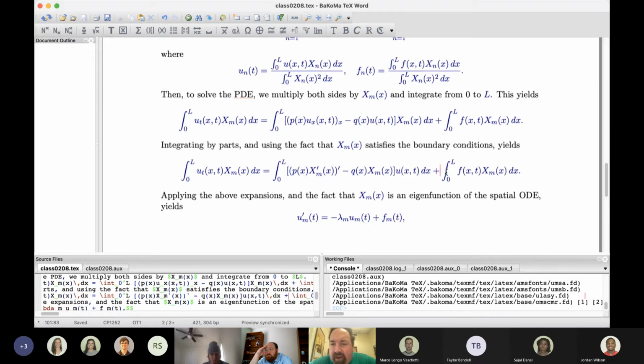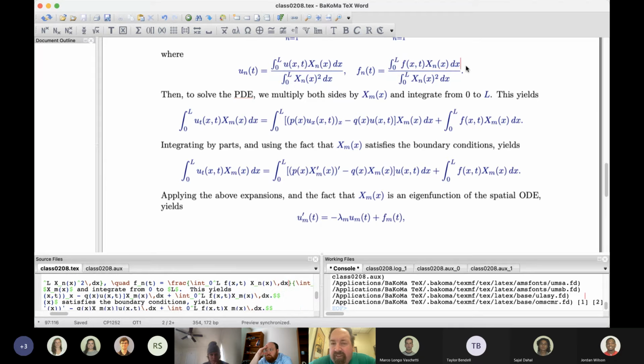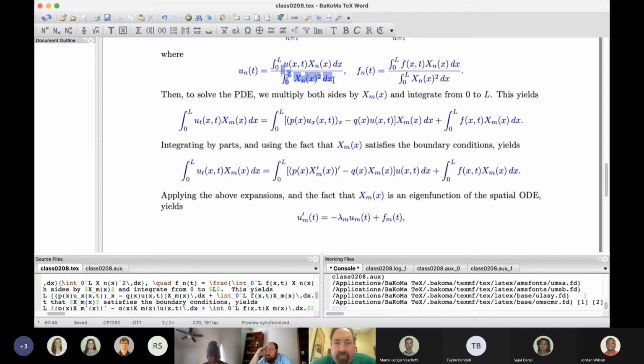And then if I compare, this is exactly the numerator of this. So I get f_m of t down here. I should mention that here we have these denominators, but this same denominator appears in every single one of these terms, so they cancel out.